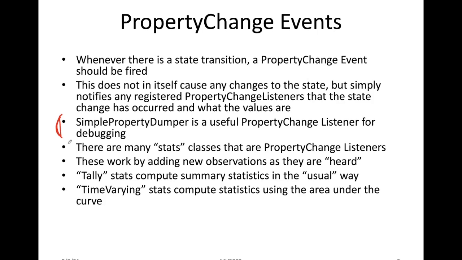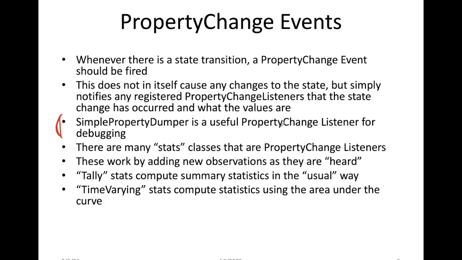Okay, the other workhorse use of this is these stats classes. These stats classes are property change listeners, and they work by adding new observations as they are heard. If you remember the stat calculator that we did back in Java, it had a new observation method or something like that.